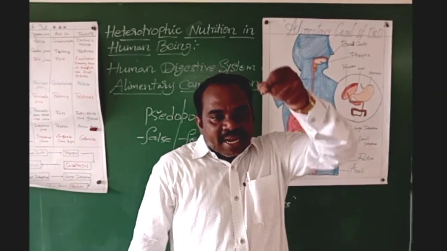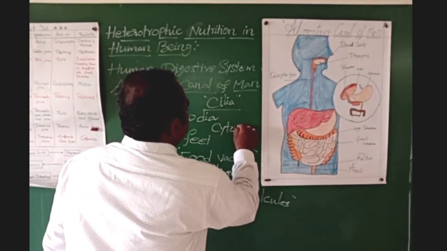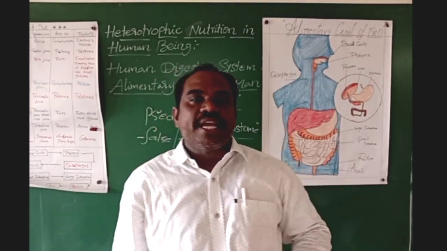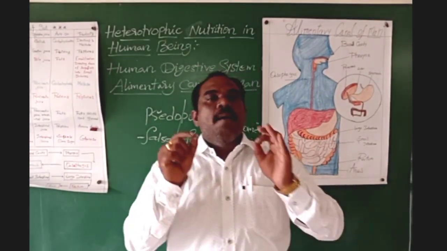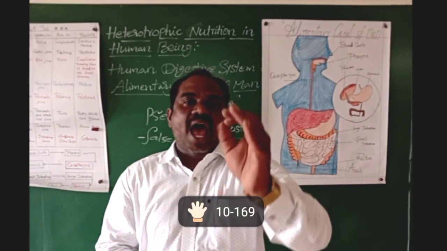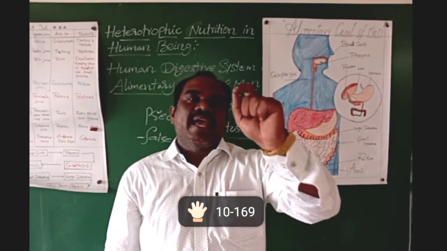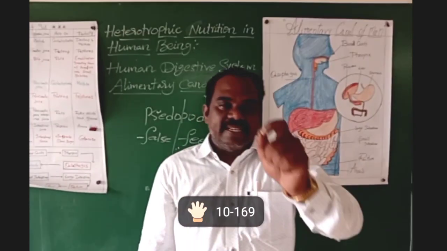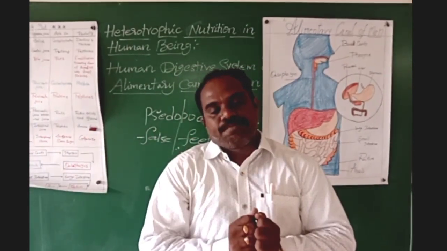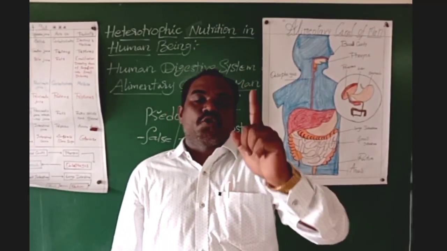These food materials enter inside the body through the cytostome. In the paramecium body, the small hair-like structures on the outer covering are called cilia. They help obtain nutrients from the surroundings, and these food materials enter inside of the body through the cytostome.